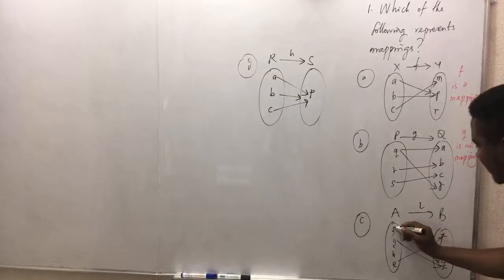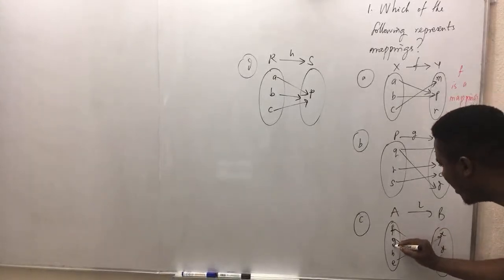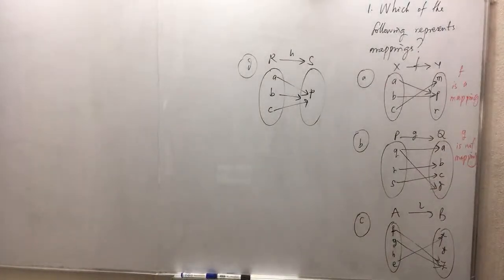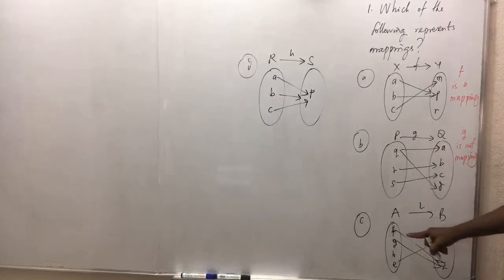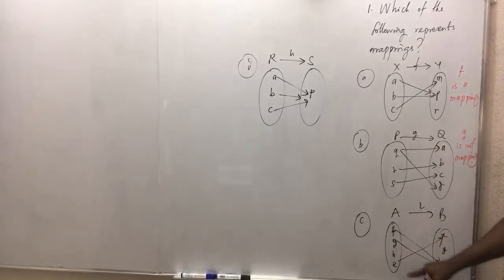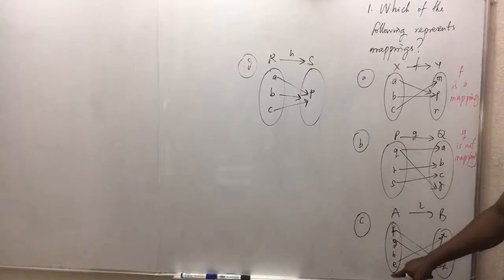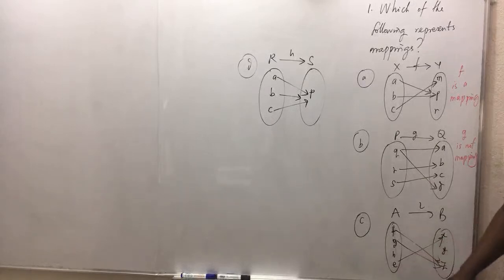You will notice that this relation L has failed condition number 1. Why, or how, has it failed condition number 1, guys? It has failed because F, G, and E in the domain all have images in the codomain. But you will notice that there is an element in the domain, H, that has no image.